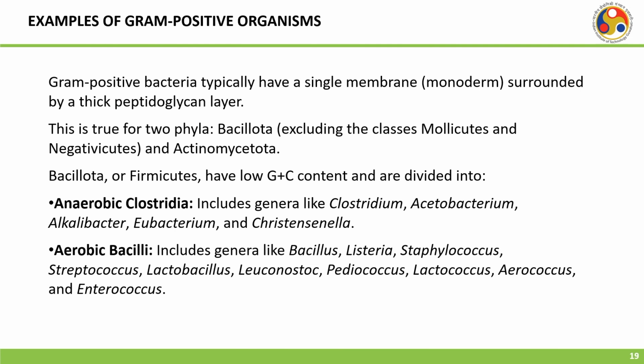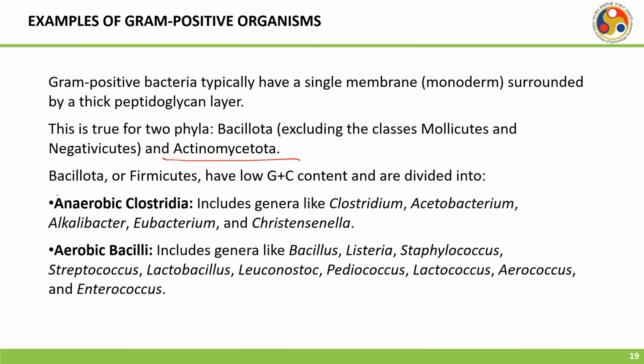Let us look into some examples of gram-positive organisms, which typically have a single membrane surrounded by a thick peptidoglycan layer. For example, the phyla Bacillota, excluding the classes Mollicutes and Negativicutes, and Actinomycetota.